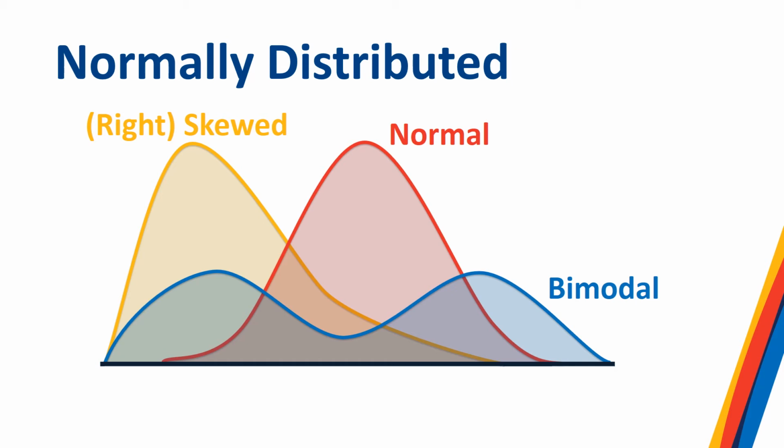And so you might assume just by calculating those two variables that you have a normally distributed character. When, with the right skewed, you would get the sense that the median and mean don't line up, because remember the mean is attracted towards the coefficient.